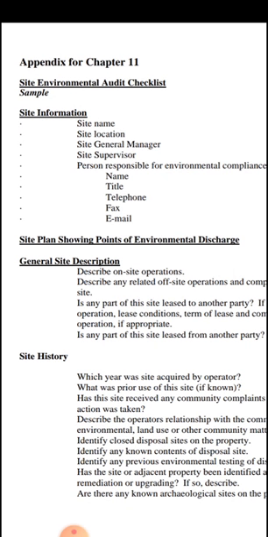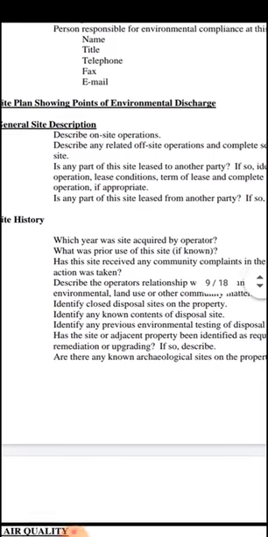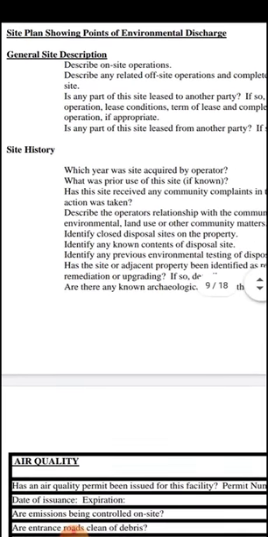Under site information, the details are given. We have the points for environmental discharge shown on the map, then the site description, what is going on at that site, and then the site history, whether any mishap or environmental issue was created earlier.